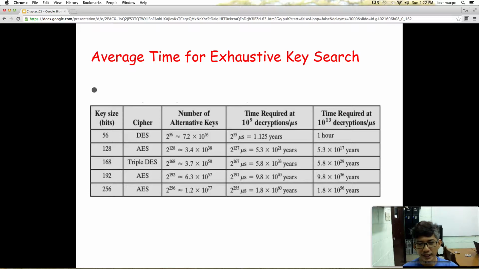But nowadays, this 1.125 years can be done in a few months or even in a few days. So the main takeaway here is that the key size should be large in order to prevent an exhaustive key search.